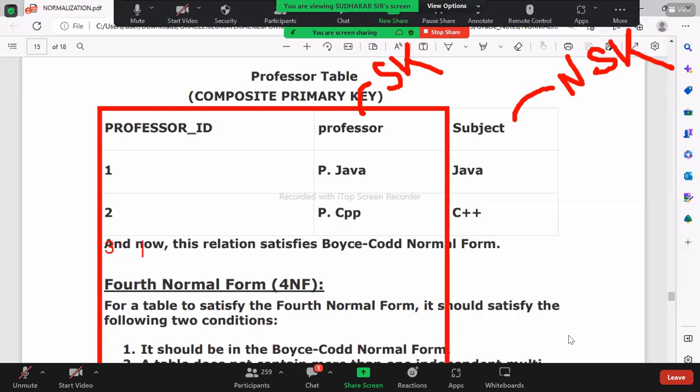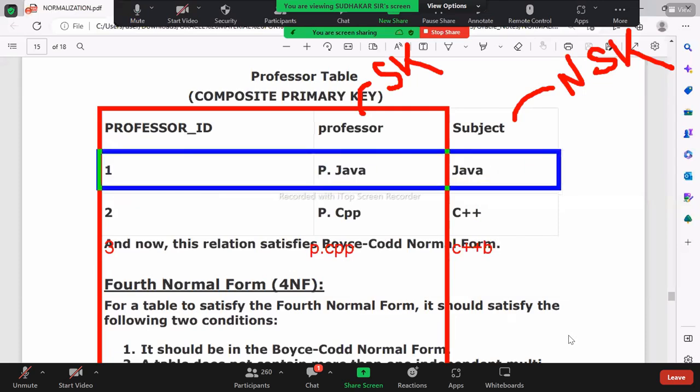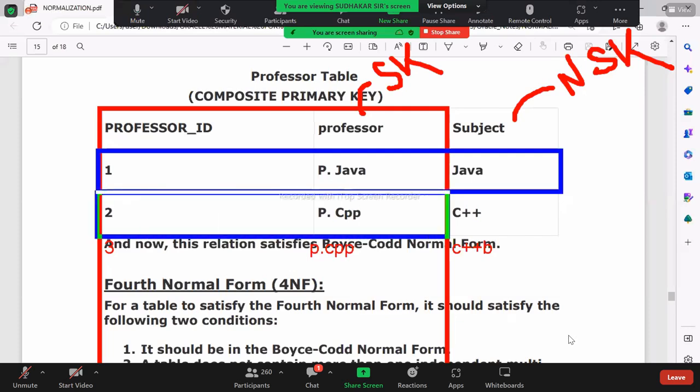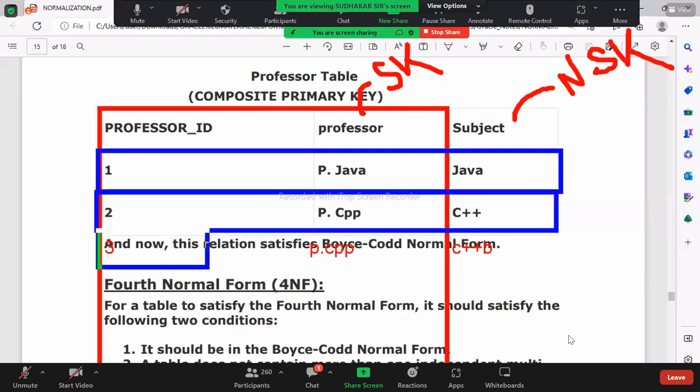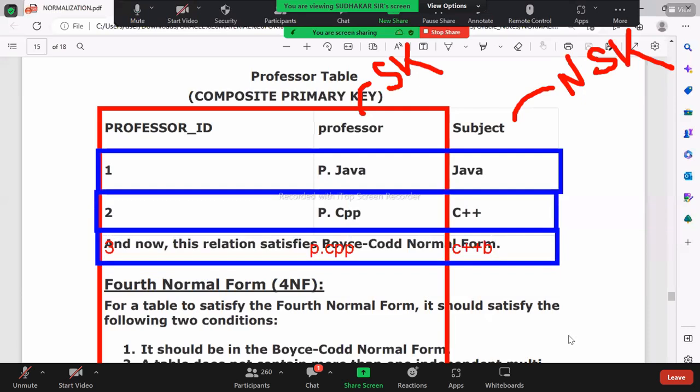Three, Professor C++ and C++. Can I insert? Sure. So now I have the rows here: this is the first row, this is the second row, this is the third row. Is it allowed?